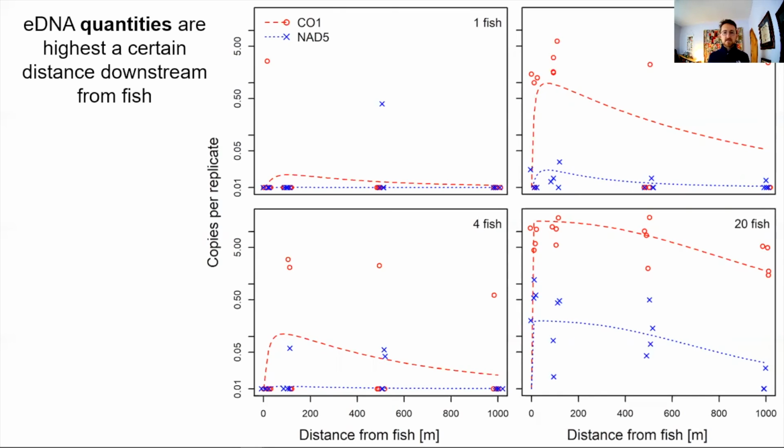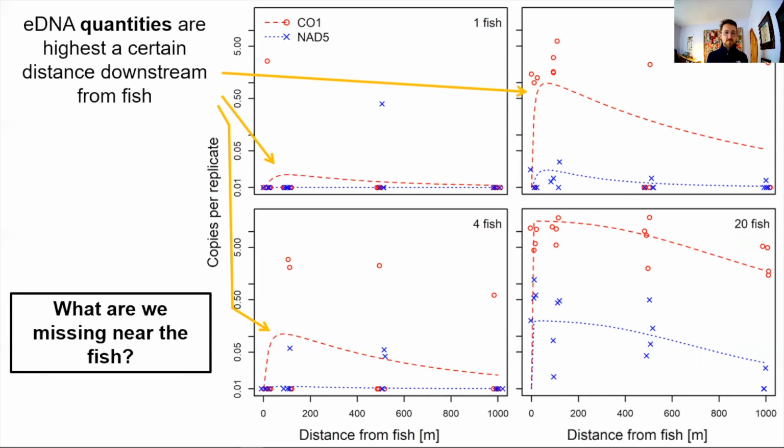It's highest a little ways downstream from the fish. And you can see I'm pointing out these peaks here. Again, this is 50 to maybe 100 meters downstream from the fish, where we're actually seeing the most eDNA, which is a little mind-boggling and makes us think, what are we missing near the fish?